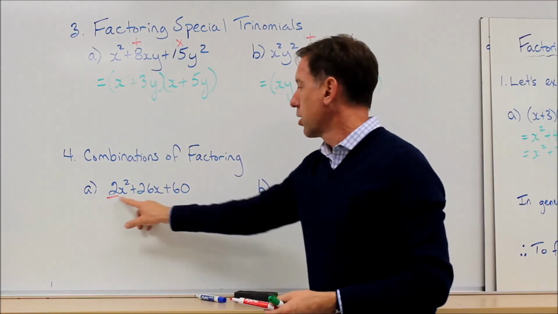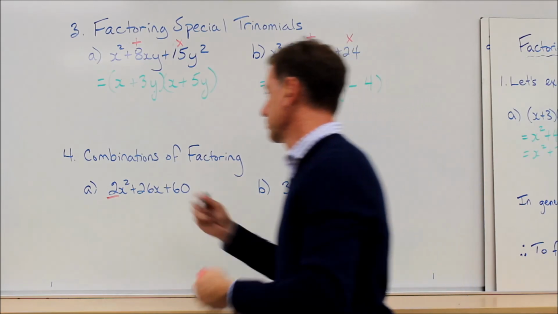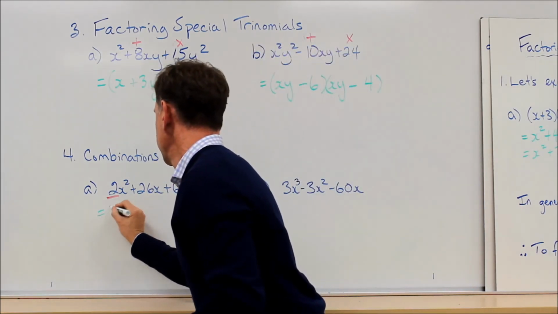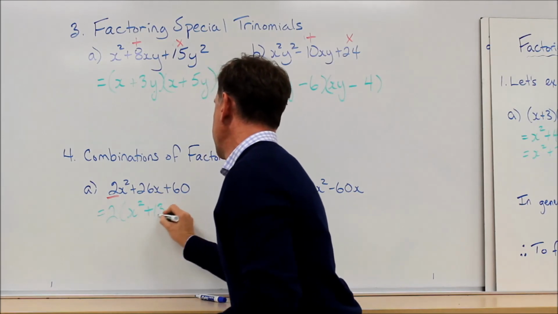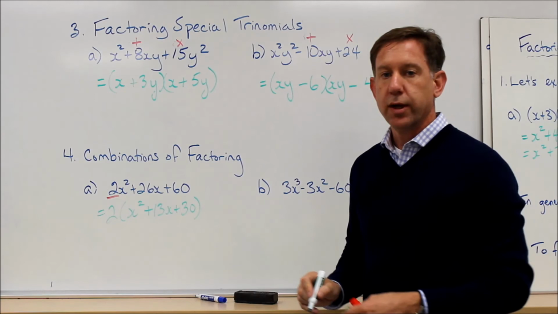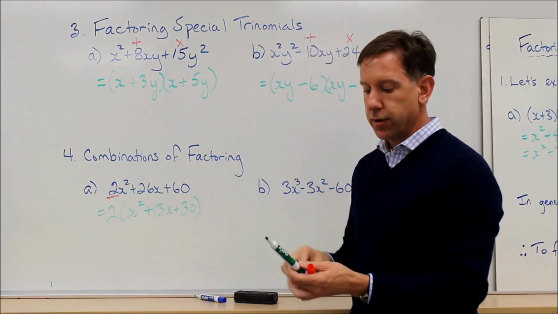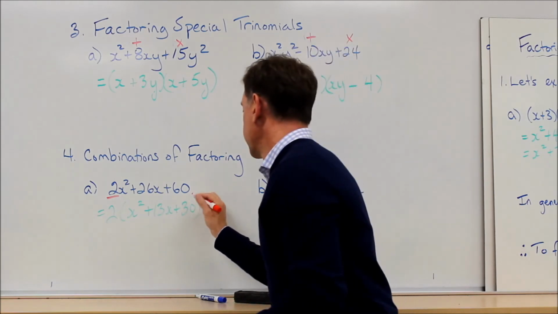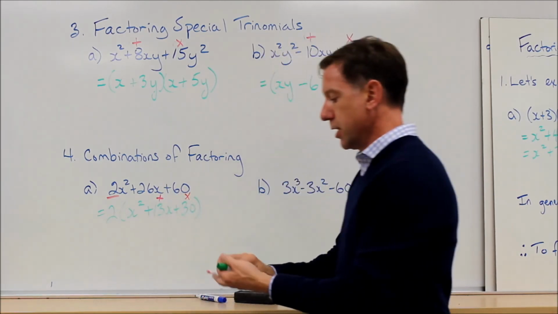And you can see there's a common factor of 2 for all of these numbers here. So if I divide that out, x squared plus 13x plus 30 remains, and we can then factor this trinomial as we factored all the other trinomials today. Think of numbers that multiply to 30 that add up to 13.